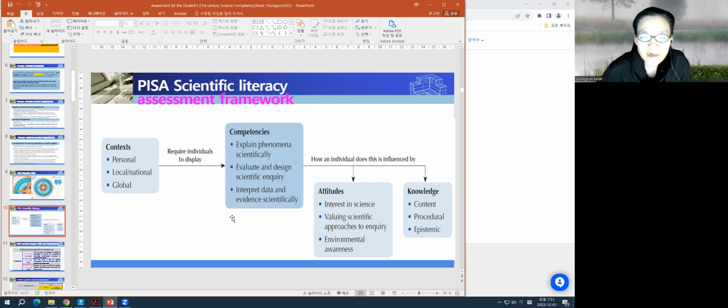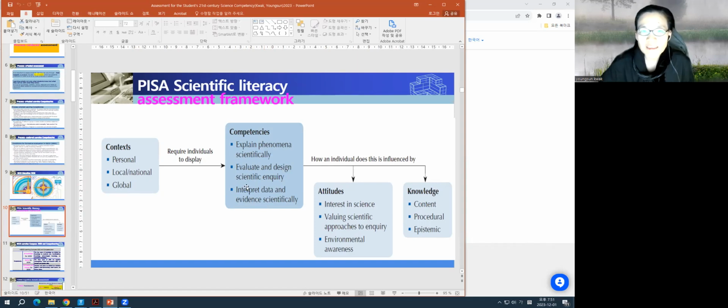At the core or at the center of PISA assessment is about competency. They also assesses attitude and knowledge as well as in a certain context. So students need to, in a certain given context, show their competencies.